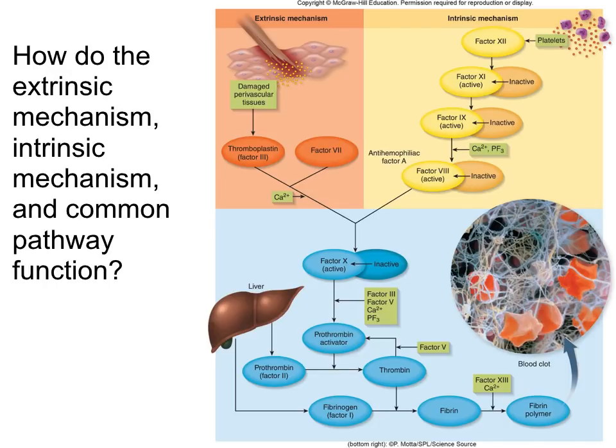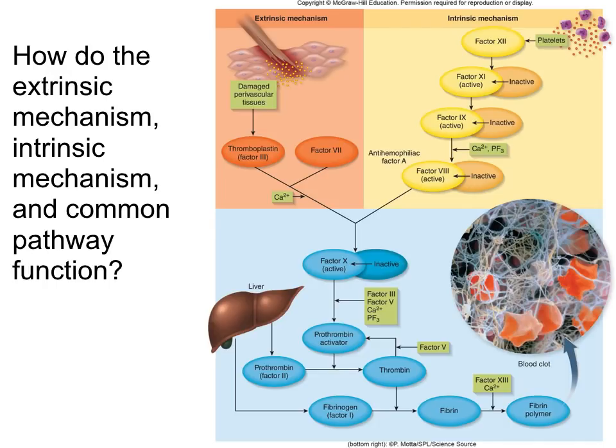Factor 12 initiates a series of chemical reactions that are also assisted by other chemicals from platelets like PF3 and calcium. And at the end of this series of chemical reactions, we have the formation of factor 10, and factor 10 then causes the formation of prothrombin activator.